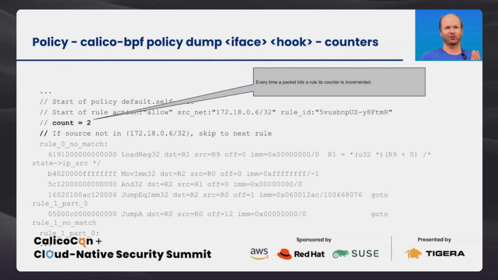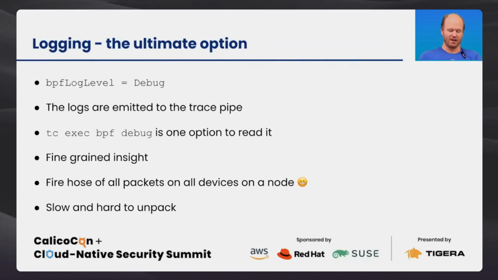So don't expect to see counters incrementing with every single packet. But if you are troubleshooting whether the policies work the way you expect them to work, and you don't see counters being increased when you create new connections in the part of the policy that you would expect, then probably your policy is not doing exactly what you were hoping.